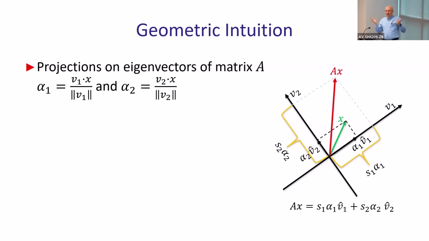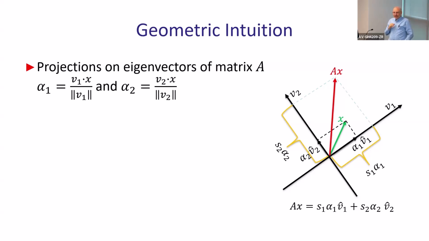Now, we will call the size of the projection alpha 1 on one side, and on the other side it will be alpha 2. And that vector, which has that length, we will call alpha 1 times V1 hat, which is a unit vector in that direction. And this will be alpha 2 times V2 hat, which is a unit vector in the orthogonal direction, okay? And this is what you have in that picture here. So you can see that direction is alpha 1 V1, and that direction is alpha 2 V2.